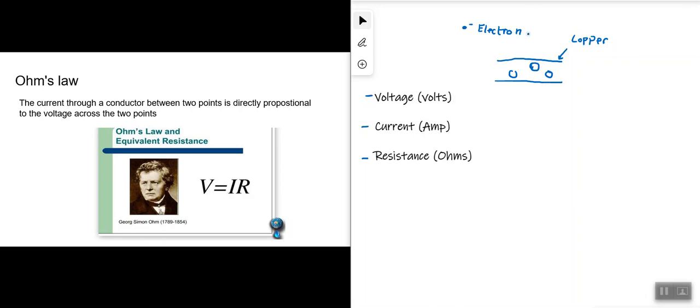Copper is a metal that allows electrons to easily move through it. So imagine this is the inside, and in here you have atoms of copper. And then around the copper you have this other substance that is an insulator, like plastic, for example.